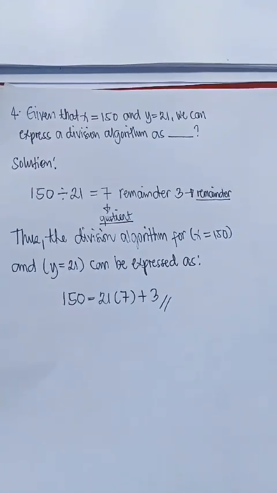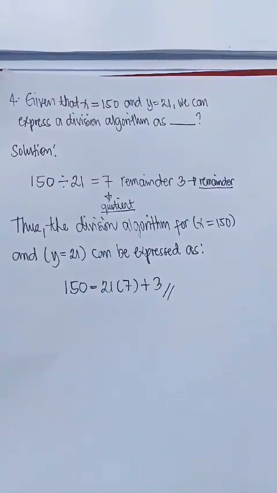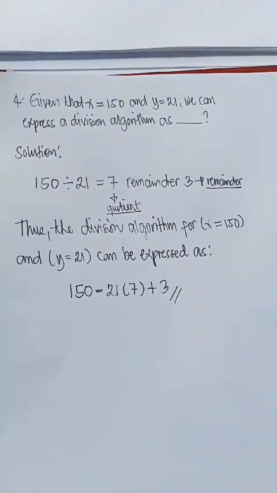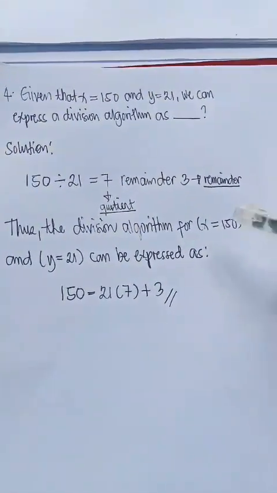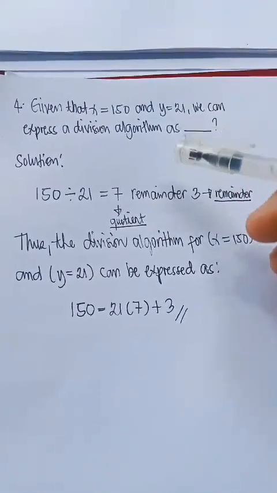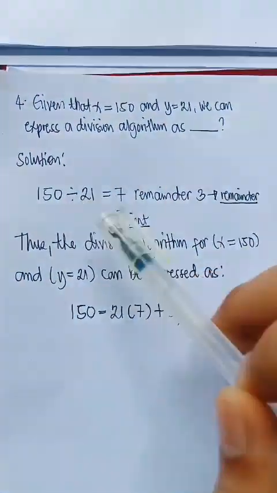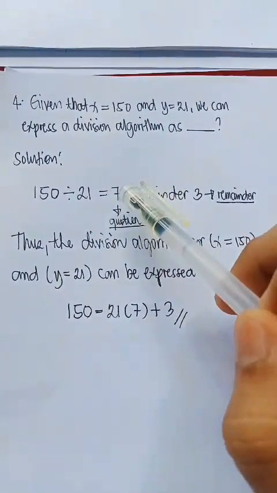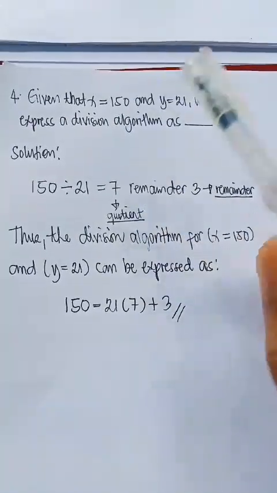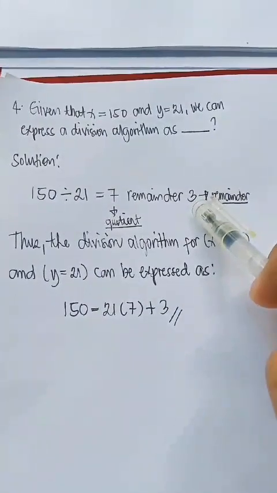Problem number 4. Given that x is equal to 150 and y is equal to 21, we can express a division algorithm as follows. We simply divide 150 by 21, and the resulting quotient is 7. We also get a remainder of 3.